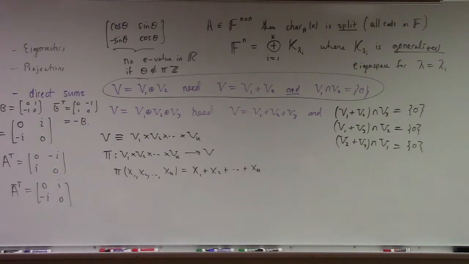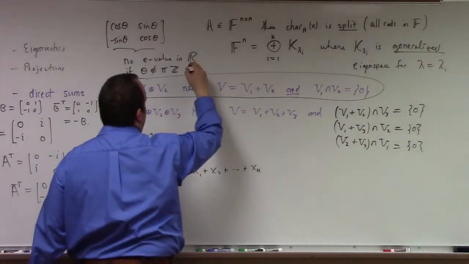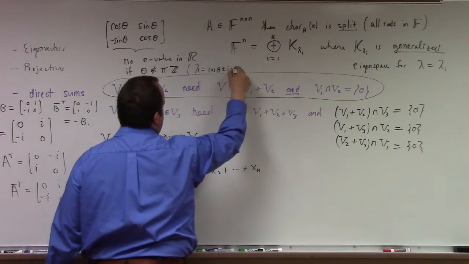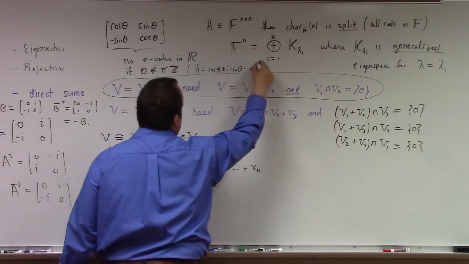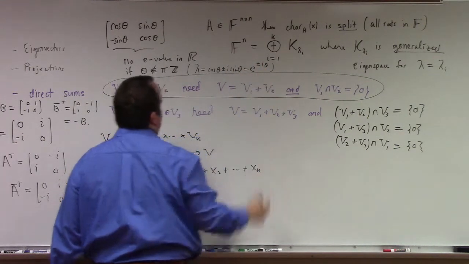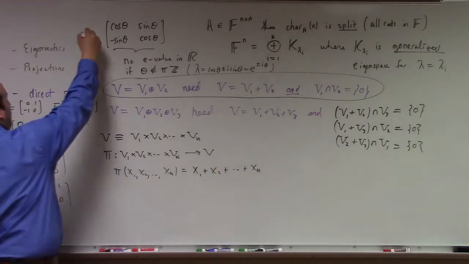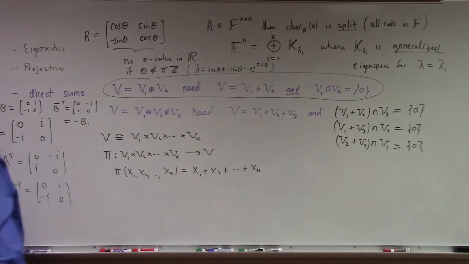The B I just wrote down has eigenvalues plus or minus i, right? You had a homework problem where you worked out that the eigenvalues of this are cosine theta plus or minus i sine theta, yeah? Which is actually e to the plus or minus i theta. So if you think of that matrix, let's call it R, as a complex matrix, then it has a characteristic polynomial which is split, right?